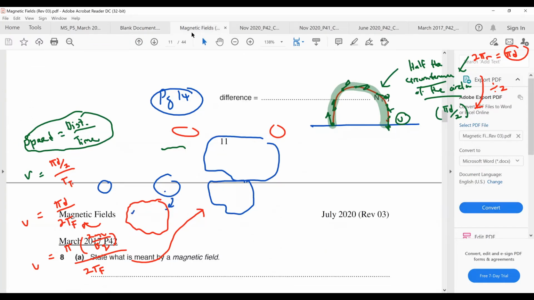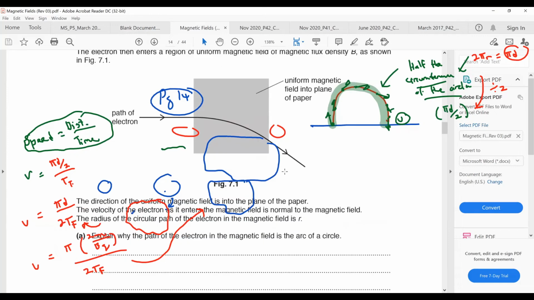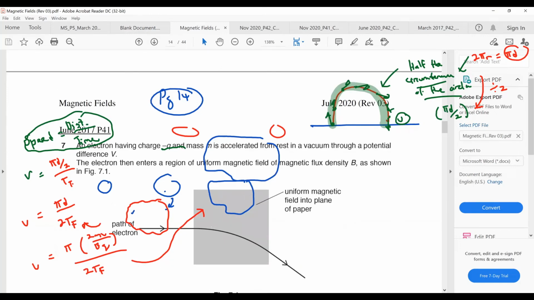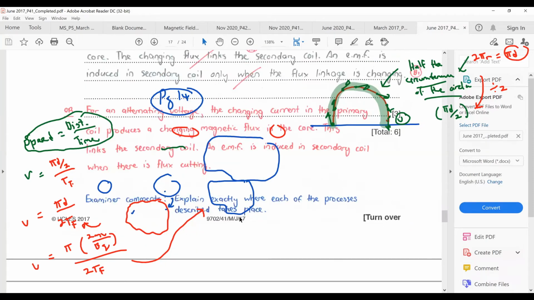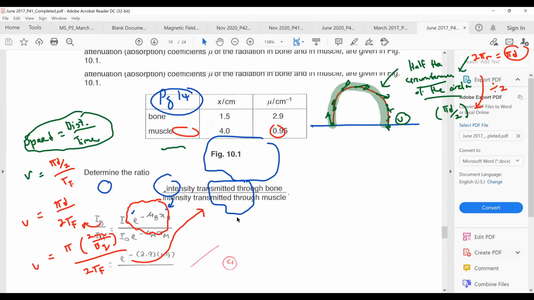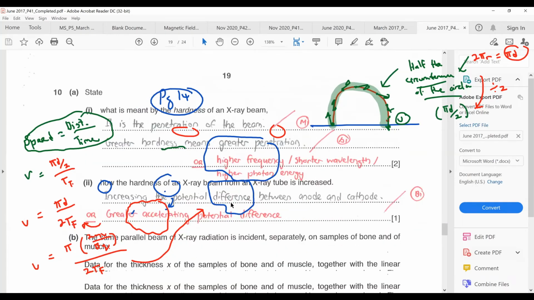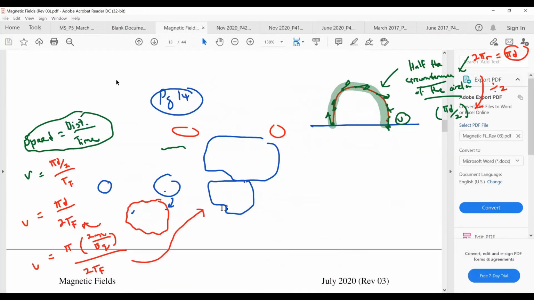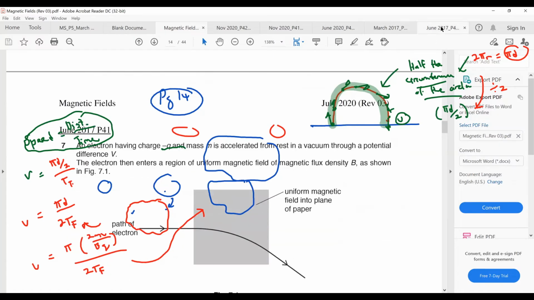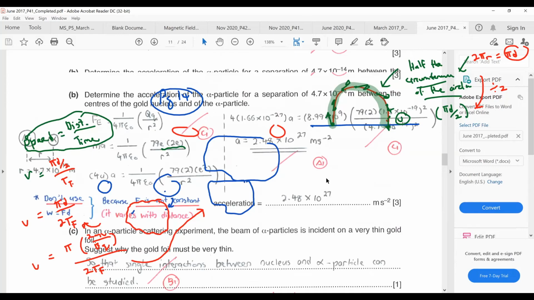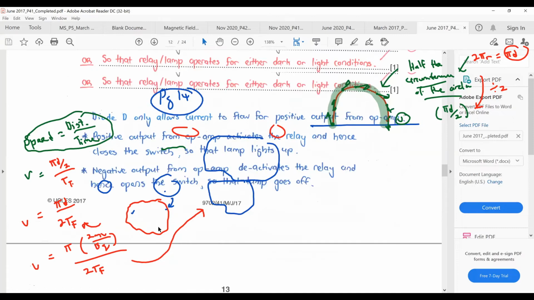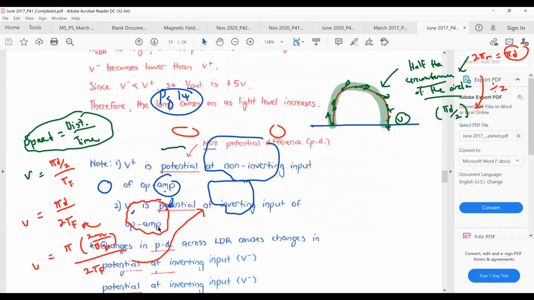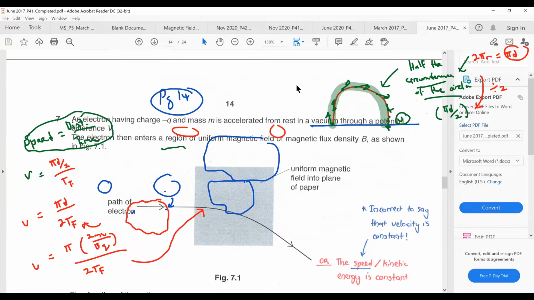Page 14 is actually the page after your current question. June 17 P41, question 7.